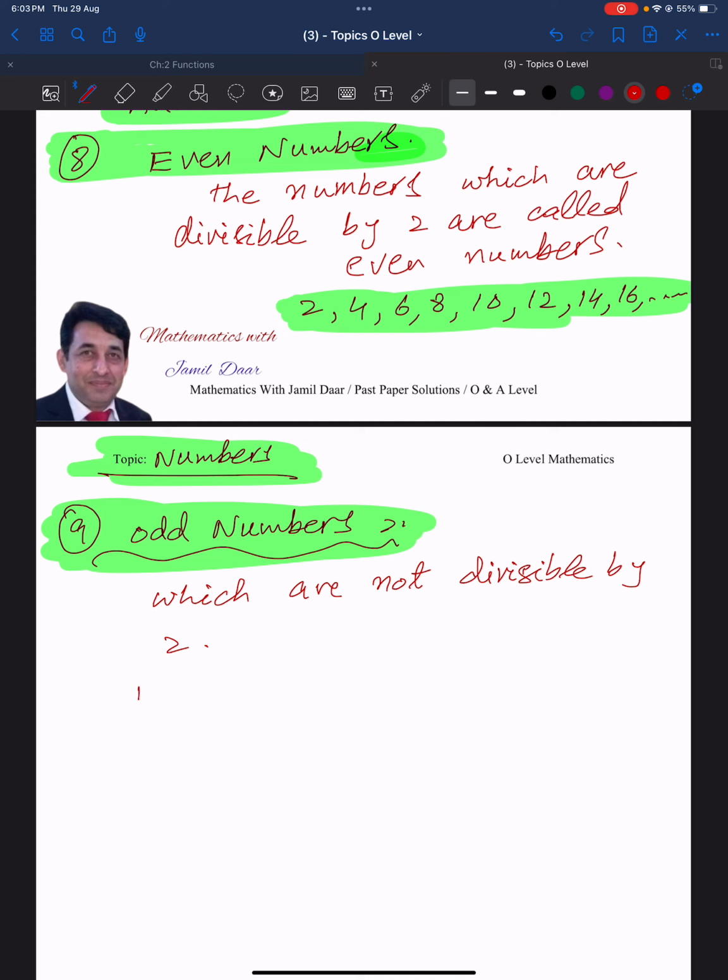So they are 1, 3, 5, 7, 9, 11, 13, 15, and so on. All these are called the odd numbers.